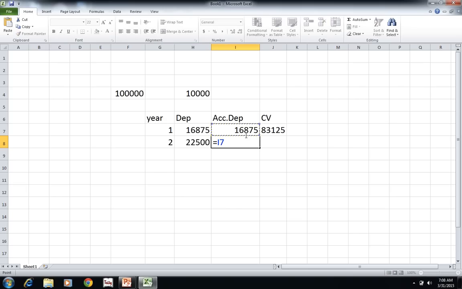This amount plus this amount. What is the carrying value? 1 lakh minus 22,500, 77,500. So, sorry, 83,125 minus 22,500, that is 60,625. Then 60,625 minus 22,500 is 38,125.